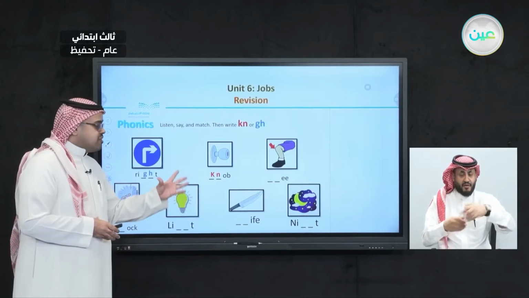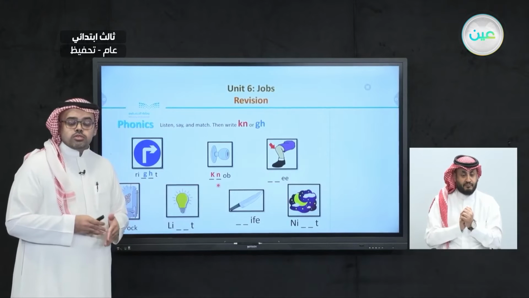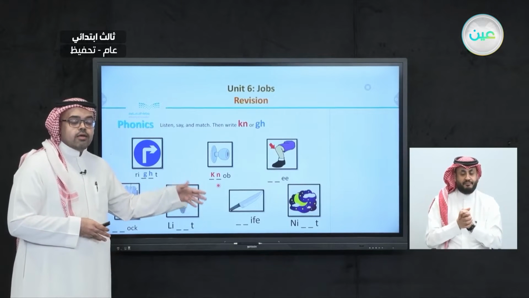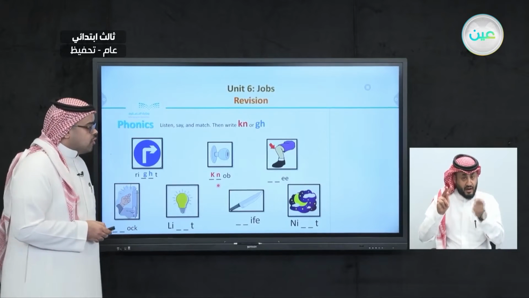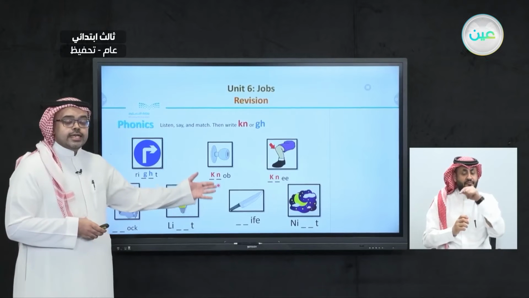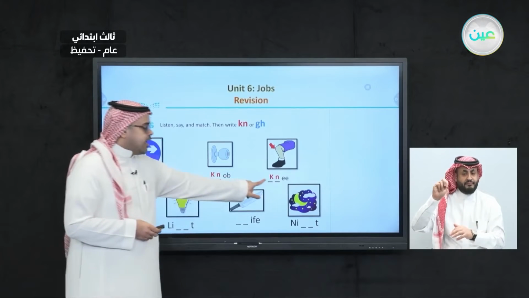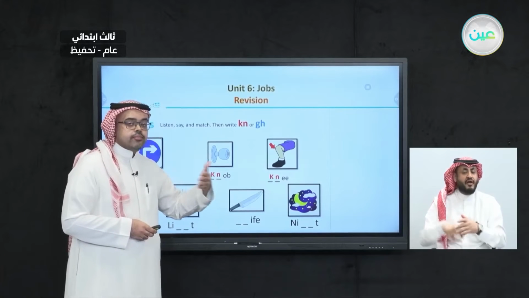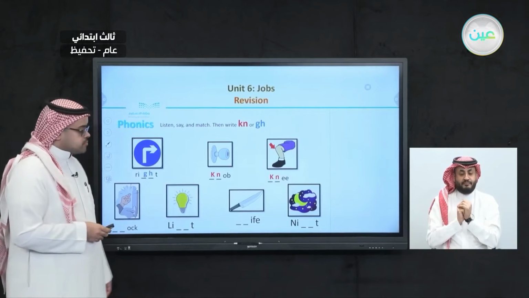Here, as you can see, we wrote K and N, but we don't pronounce the K, although we need to write it. Also another example, which is knee. Here we wrote the letters K and N, but we only say knee. So the K here is silent.